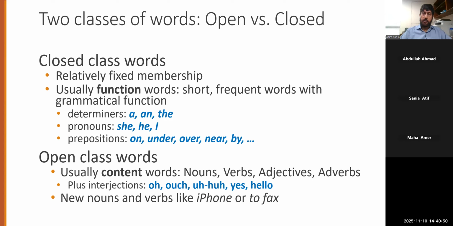Similarly, verbs, adjectives, and adverbs also typically change. So new adjectives आ जाते हैं that are able to characterize nouns. So adverbs आ जाते हैं that are able to characterize nouns and verbs, and so on. So these are usually called content words. Closed class words are called function words because they perform specific functions in a language, and content words usually contain greater meaning and they do vary with the evolution of the language.